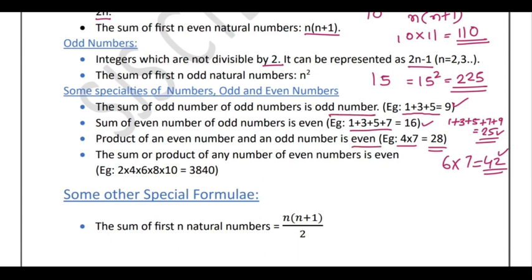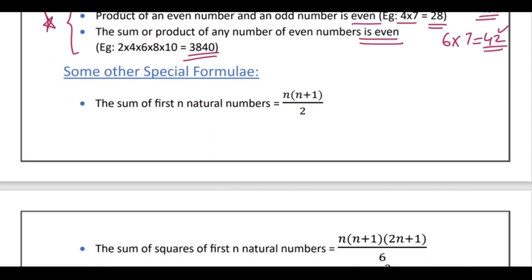Please note down all these points. Then the sum or product of any number of even numbers is even. Whether you are multiplying an odd number of even numbers or an even number of even numbers, whatever you multiply, you will always get the answer as an even number. These are very, very important points, so please make a note of it.